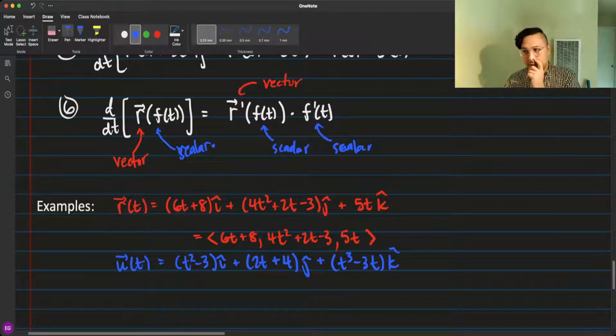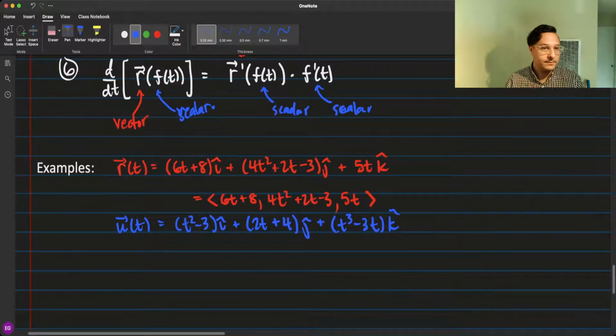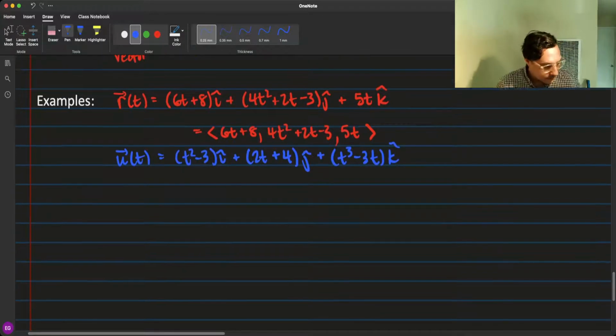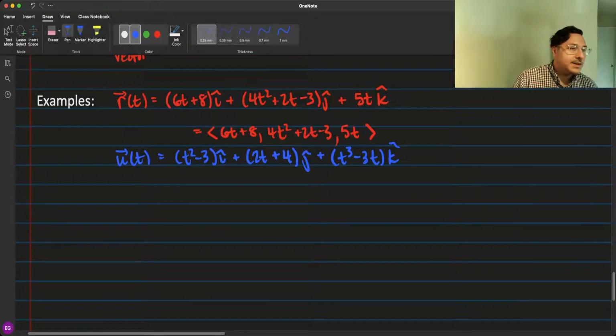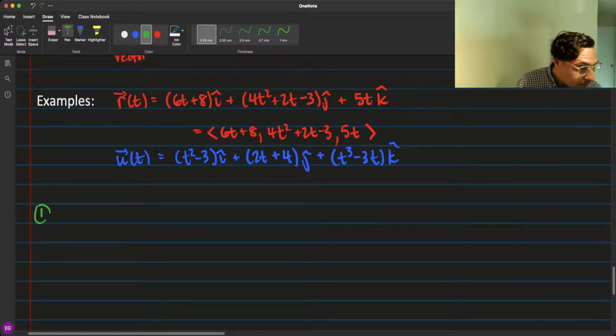So I've got my two vectors here. Let's calculate first the derivative with respect to t of r of t dotted with u of t.